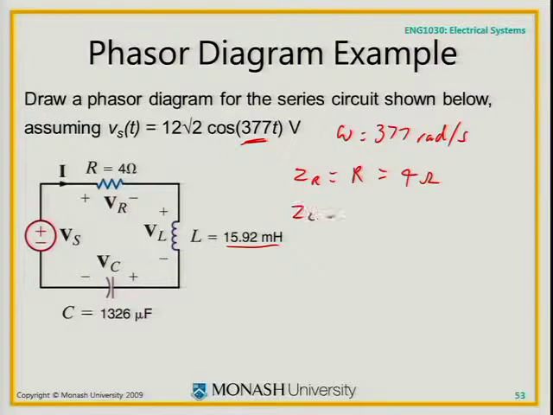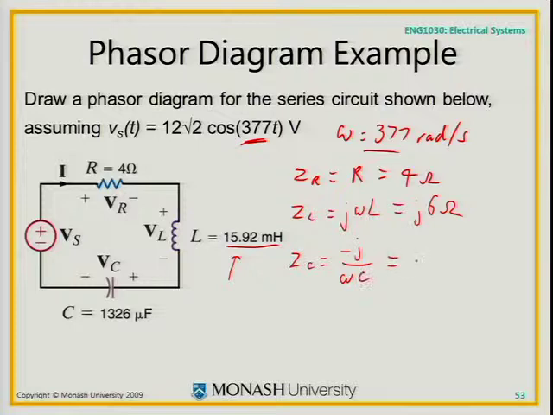What's the impedance of the inductor? Well, it's j times omega times L. There's L, there's omega, plug it in, and nicely here, it's j times 6 ohms. The inductor was chosen at a horrible value so that the impedance would come out at a nice value. What about the capacitance? Well, that's minus j on omega C, and that turns out to be minus j2 ohms.